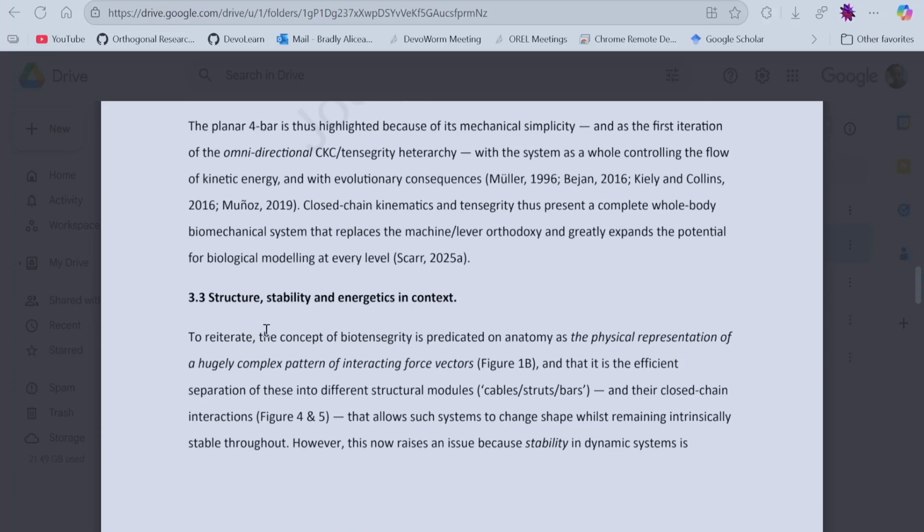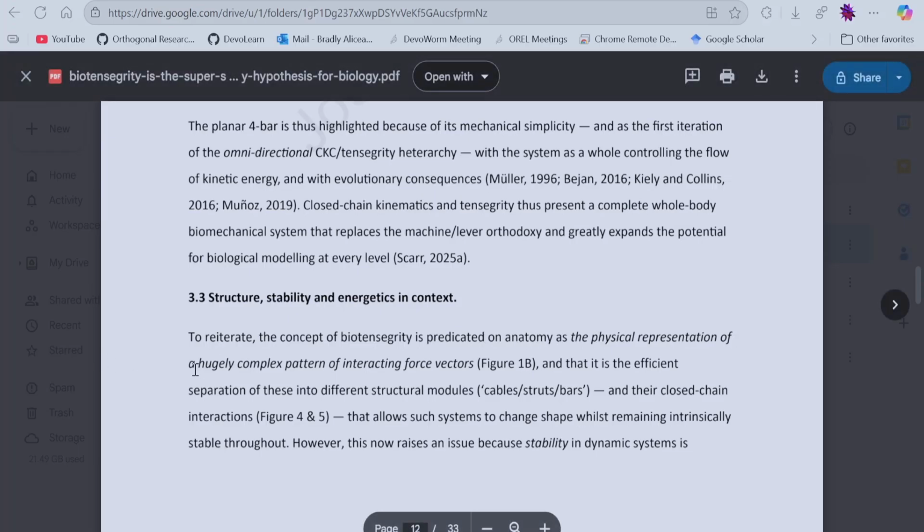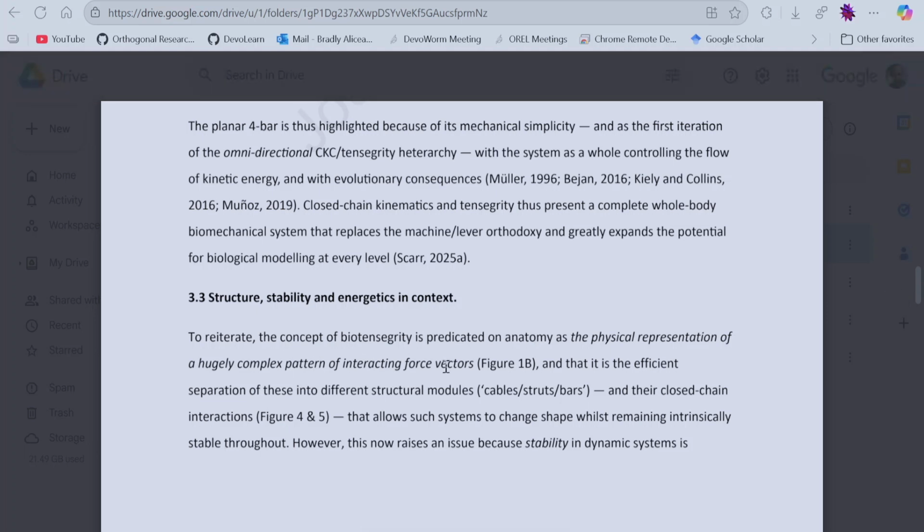Then they talk about structure, stability, and energetics, where the concept of biotensegrity is predicated on anatomy as the physical representation of a hugely complex pattern of interacting force vectors. So it's kind of what we saw in the muscles and the bone, where there's this set of interacting force vectors, and the body is the structure organized around it.